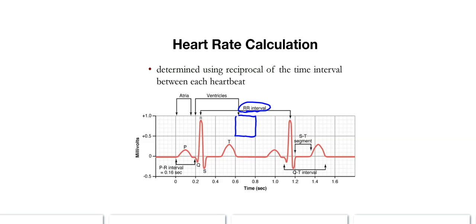If you did that, the squares cancel out, and what you end up with is beats per minute. Okay, so if you had 300 over 4, you get about 75. See how that comes in?